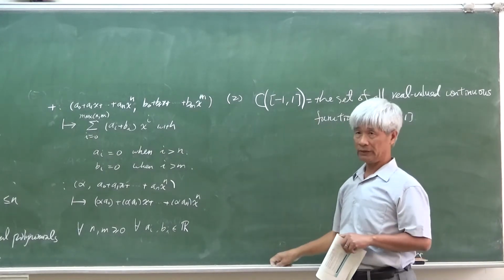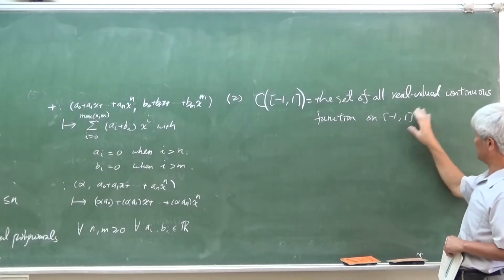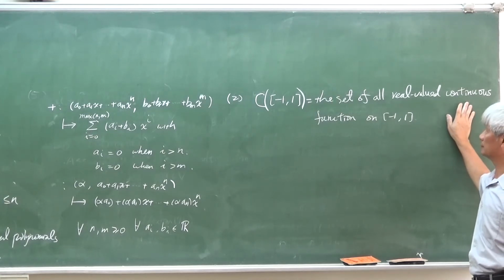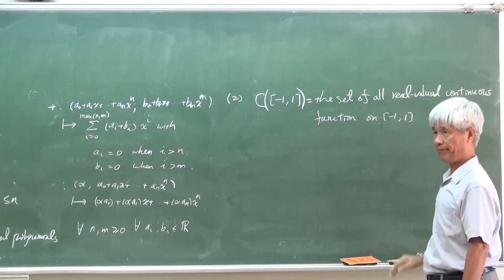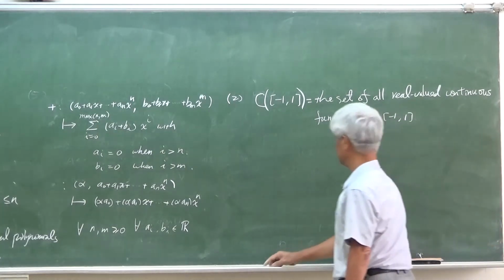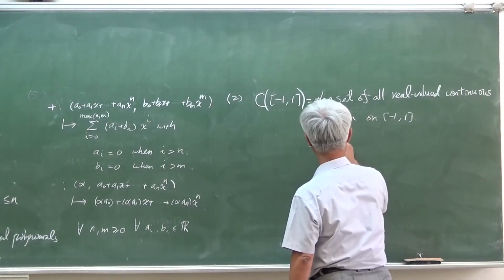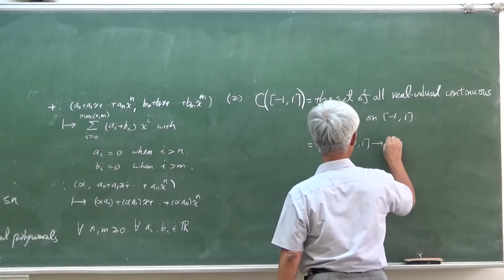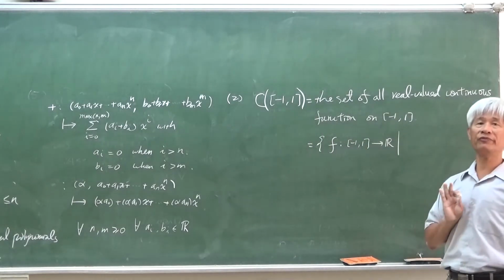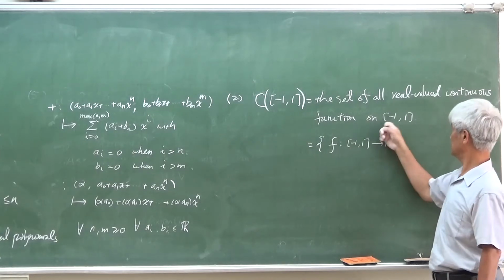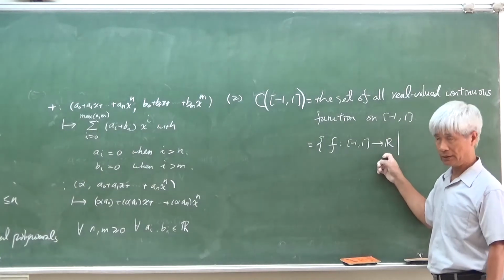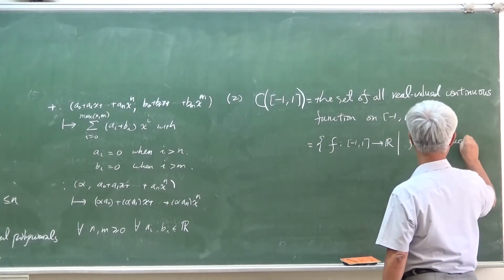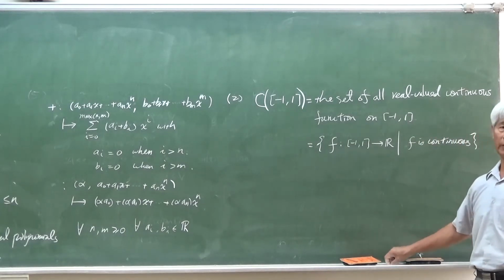And this is the interval to define the real valued function. So mathematically, it consists of functions defined on the interval and real valued, such that they are continuous. This is another way to describe it.